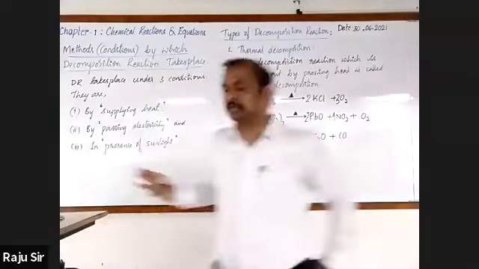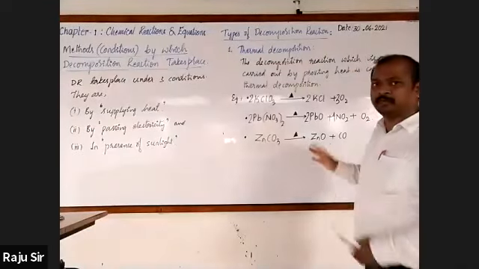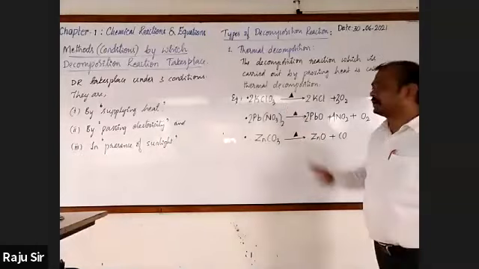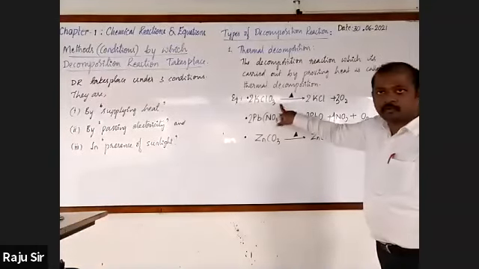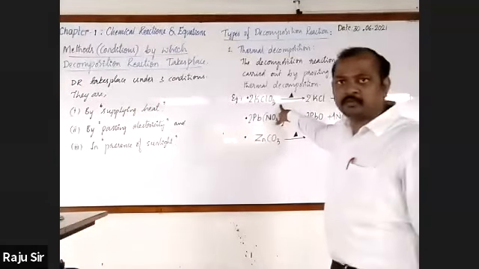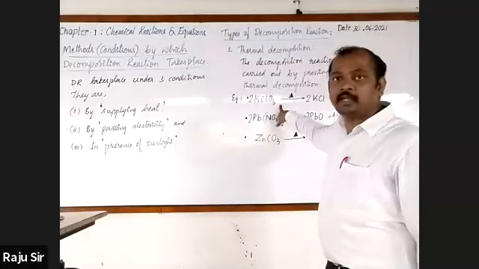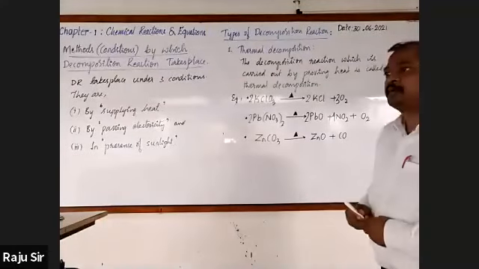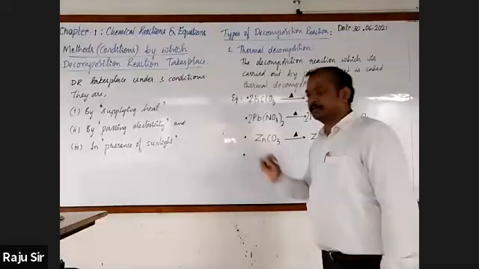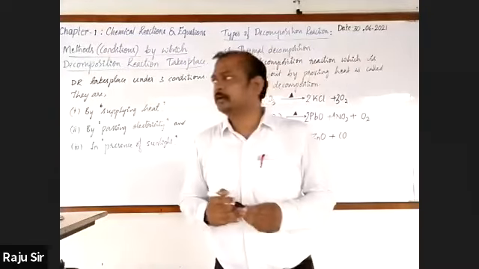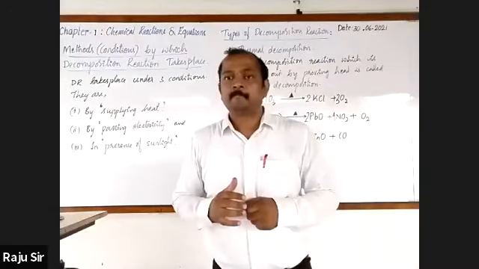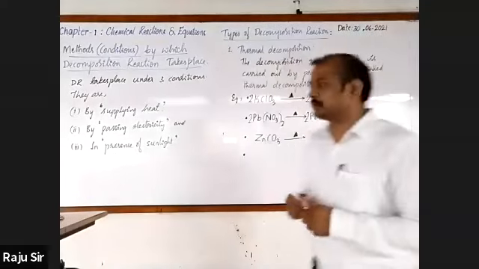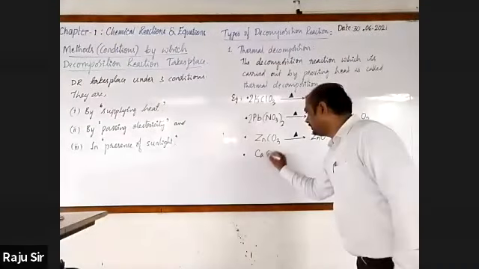Followed? Okay. So many examples can be given, but only these three are enough. First one is used for preparing oxygen in the laboratory. Second one is the extraction of metals. Now, this is calcium carbonate, CaCO3.